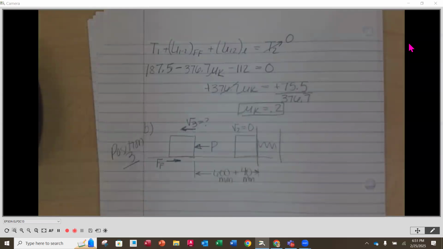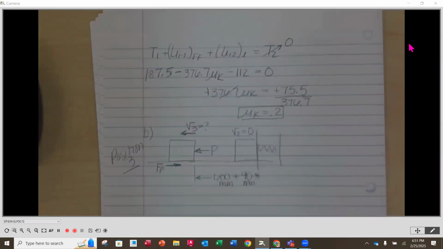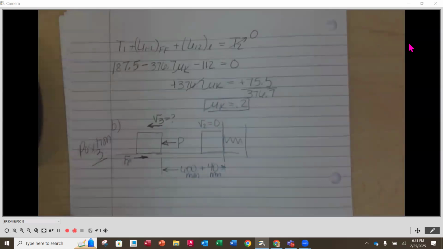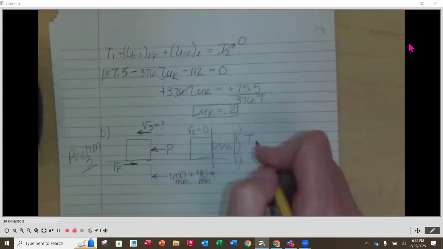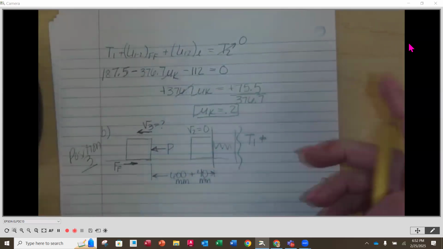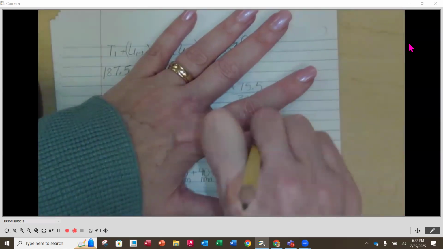So we'll be able to calculate the actual magnitude of the friction force this time because we know what the coefficient of kinetic friction is, right? Okay. So we're going to use again the work energy theorem here. Okay. So we know that T1 plus our work. Now this actually, I'm going to change my variables. I'm so sorry.